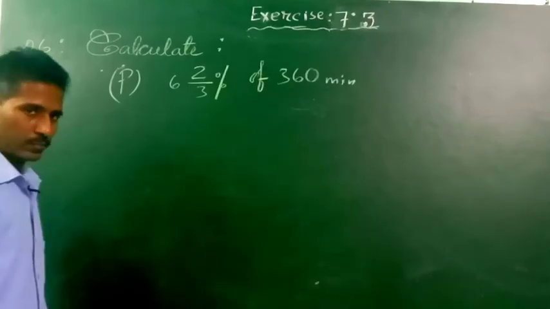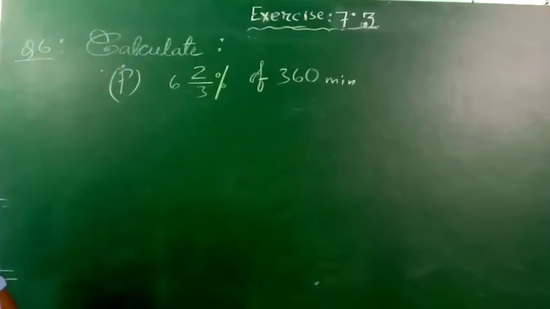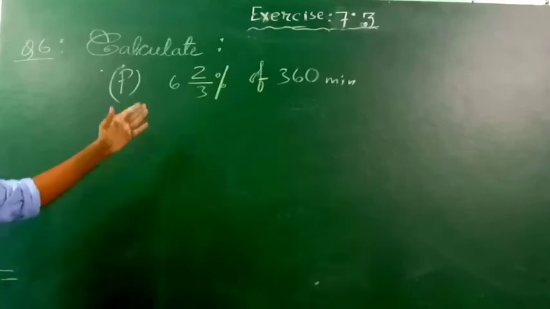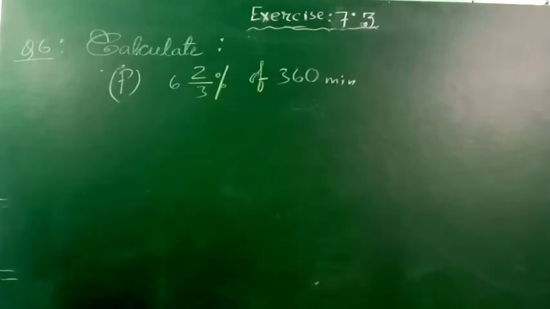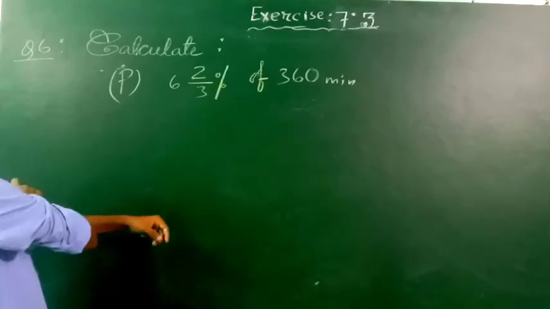Well, children, now see question number 6, sub question F. So this is 6 and 2 by 3% of 360 minutes. Now see what you get.